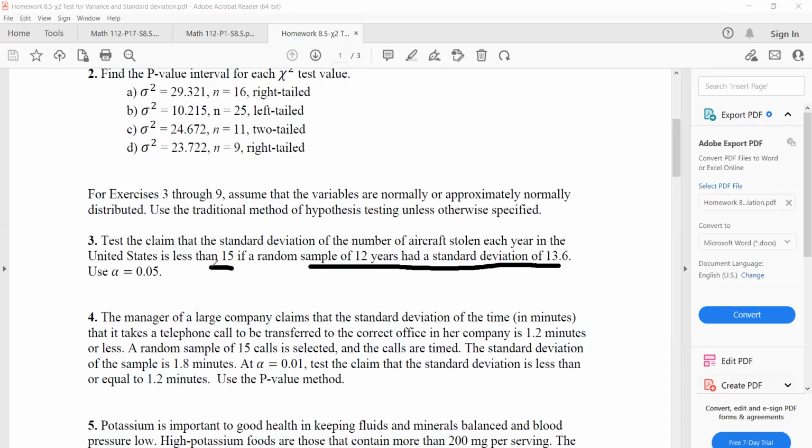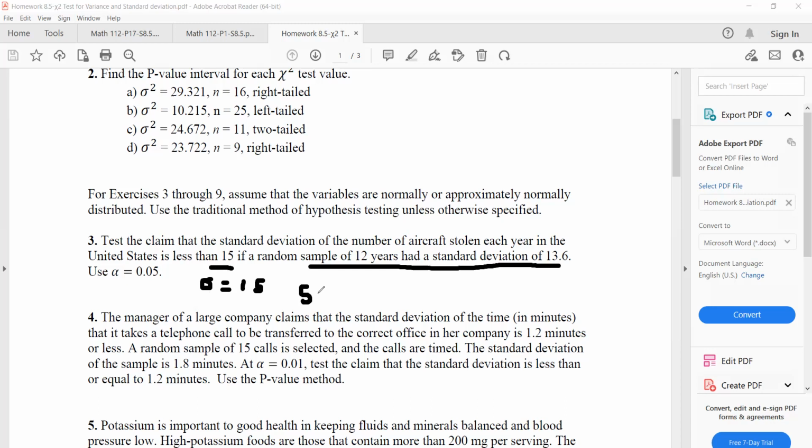So what we're going to see, and we're going to see this later, is that this varies. This means that sigma here is 15, because this is the standard deviation of the population.